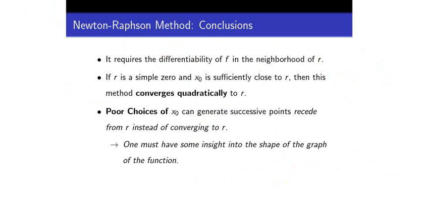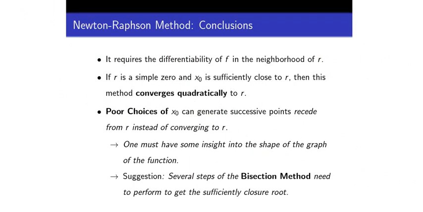Right. So therefore, the suggestion is, one must have some insight into the shape of the graph of the function. So for choosing x naught sufficiently close to r, what you can do is, you first apply a few steps of the bisection method, and then you get a good approximation, and then start applying the Newton-Raphson method to get the convergence.